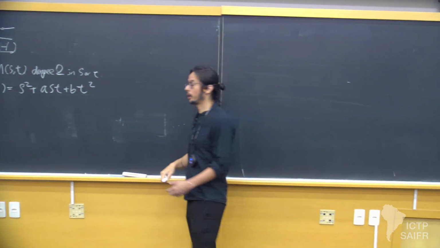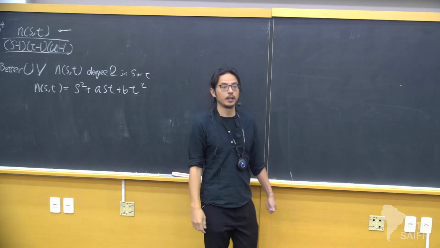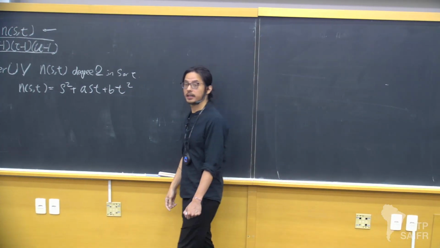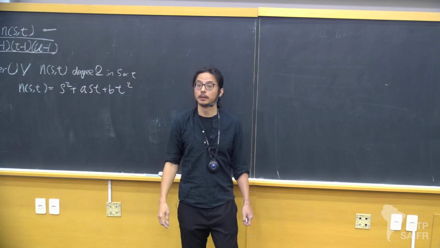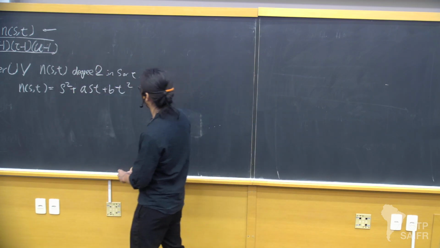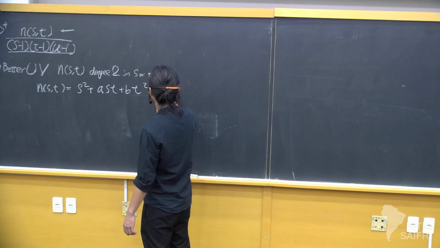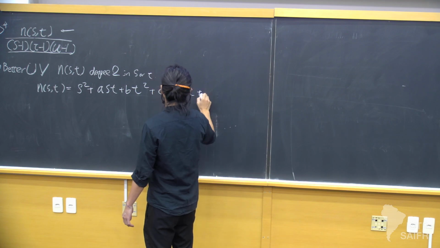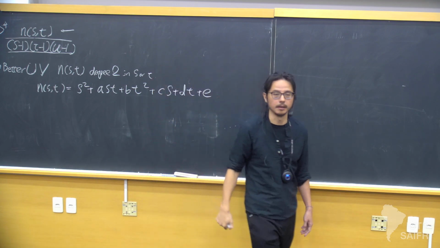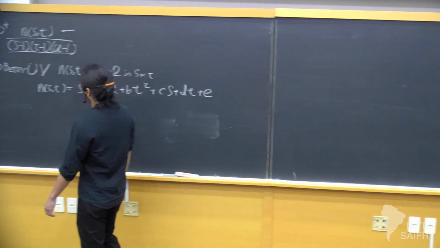So you say, okay, that's great, we have a 2 parameter family of solutions that can make that better. Oh, sorry, what am I doing? And then I have the linear terms, C S plus D T, and then plus the constant. Sorry, I should have completed this. So this is the general thing I can have. Very good.